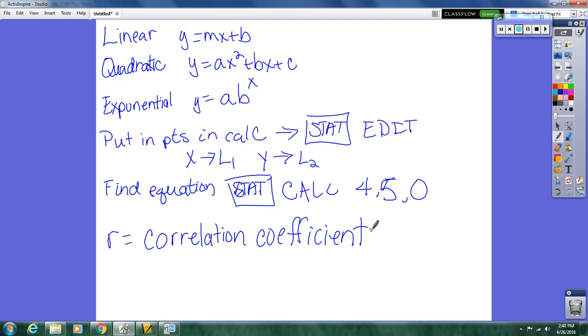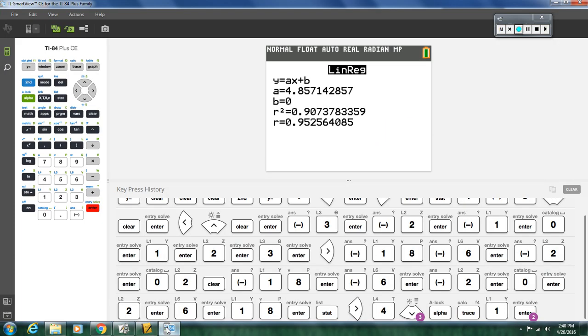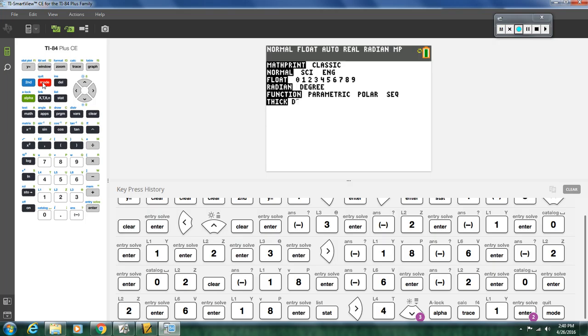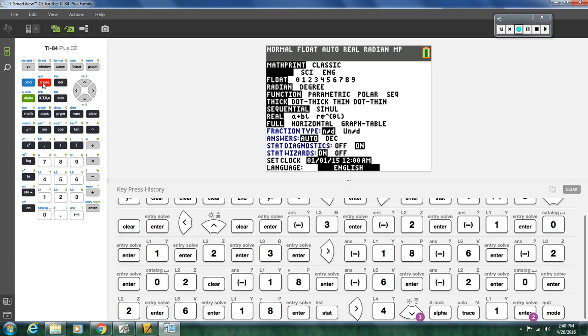So on your calculator, you're going to go to Mode and Stat Diagnostics. If it says diagnostics, it must be on. So go to your calculator under Mode, find diagnostics. It doesn't have to look exactly like mine, but find diagnostics. You may have to use your arrows and go down and turn your diagnostics on, meaning you've got to highlight it and hit enter.